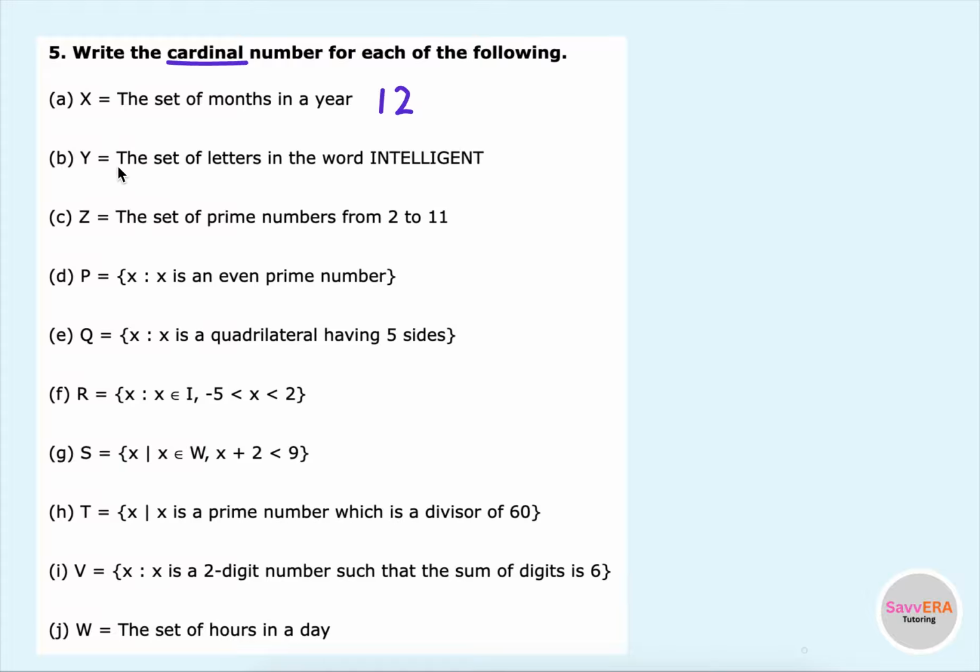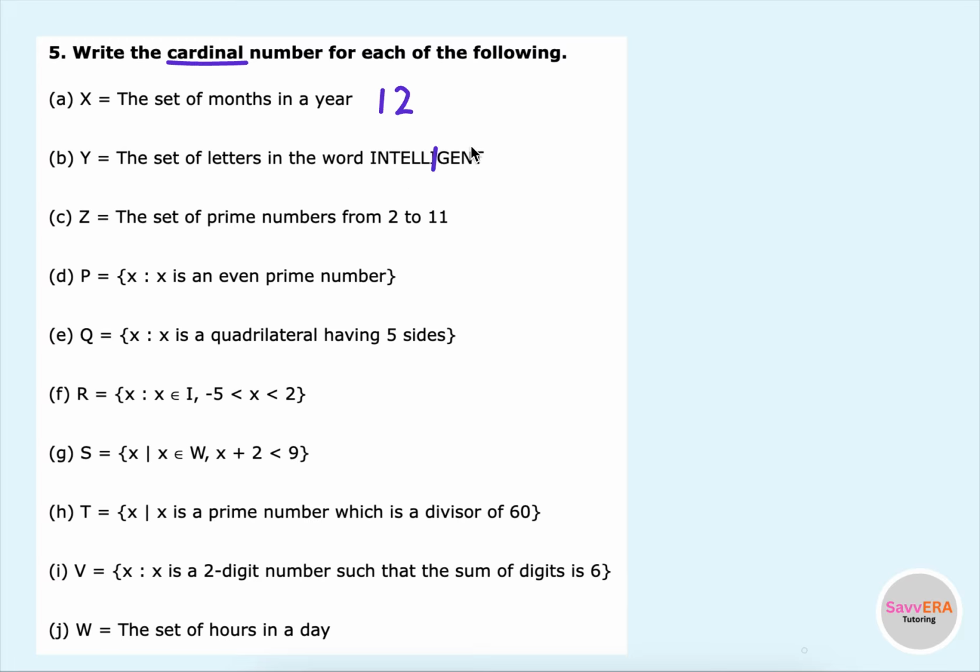Next says set Y has the set of letters in the word intelligent. So this one's a little tricky if you forgot the rule. The rule said we cannot have repeats. So we're going to go ahead and cross out everything that is repeated. So we have an I, so we cross this I out.